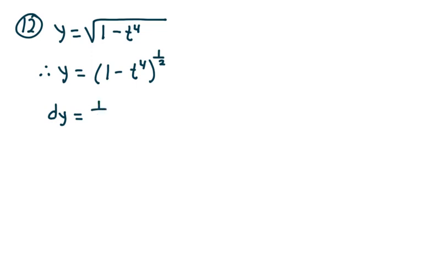So if I apply the chain rule, I get 1/2 times 1 minus t to the 4th raised to the negative 1/2. And I need to multiply by the derivative of the inside function with respect to t, which is negative 4t to the 3rd.